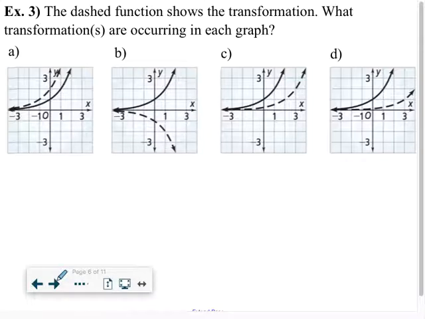See how many you can do. I guess on your one that's a shrink or a stretch, you can't tell. I don't think you can. Well, maybe you can figure it out.